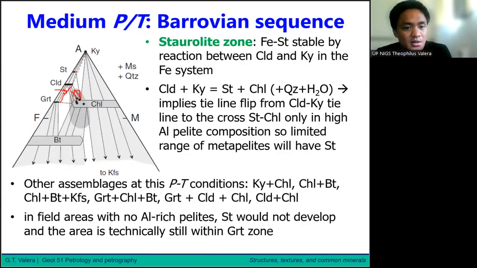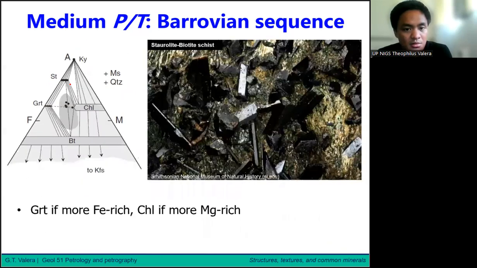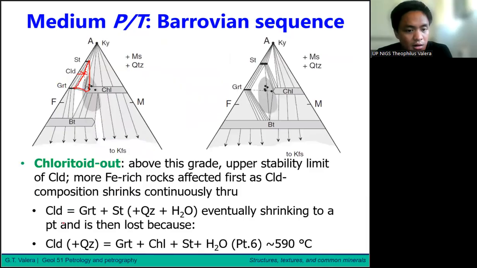And eventually, staurolite and garnet react, and chloritoid is broken down into garnet and staurolite rather. Eventually shrinking to a point until you have the rocks exhibiting just garnet, staurolite, and chlorite. And that is the chloritoid-out curve.